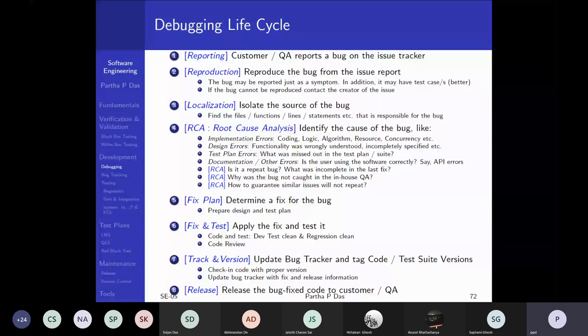So this is a typical debugging life cycle that an engineer will go through, even during a pure development phase where the customer is not there and QA is not there. Often the tasks are divided in this way.